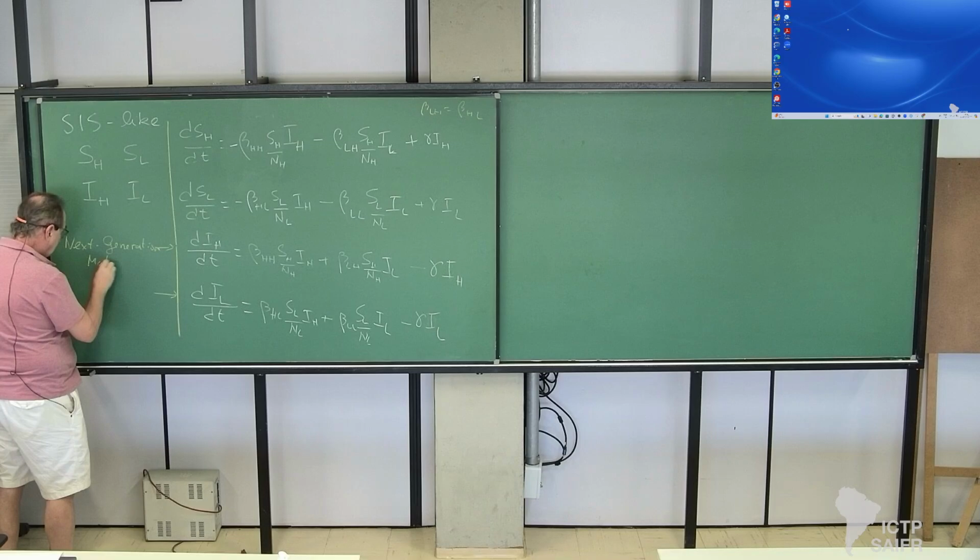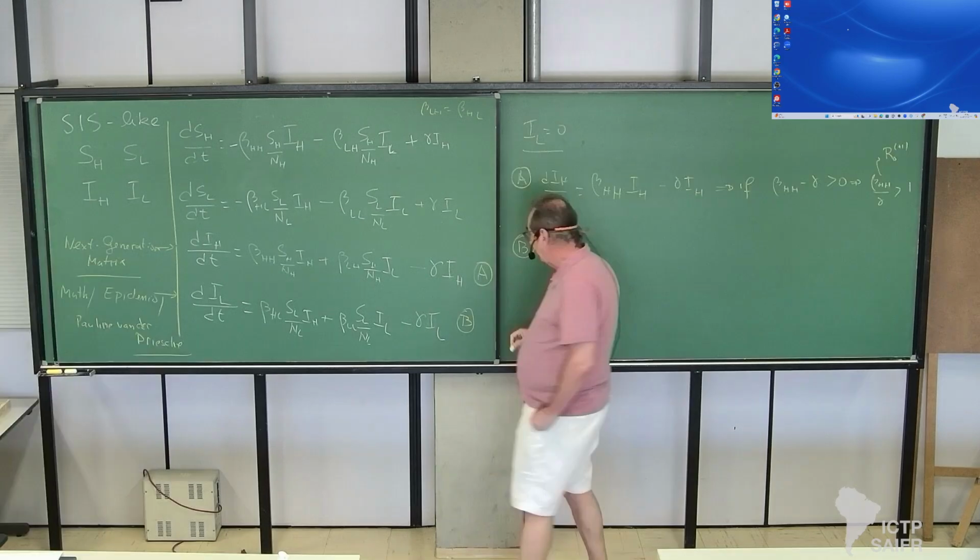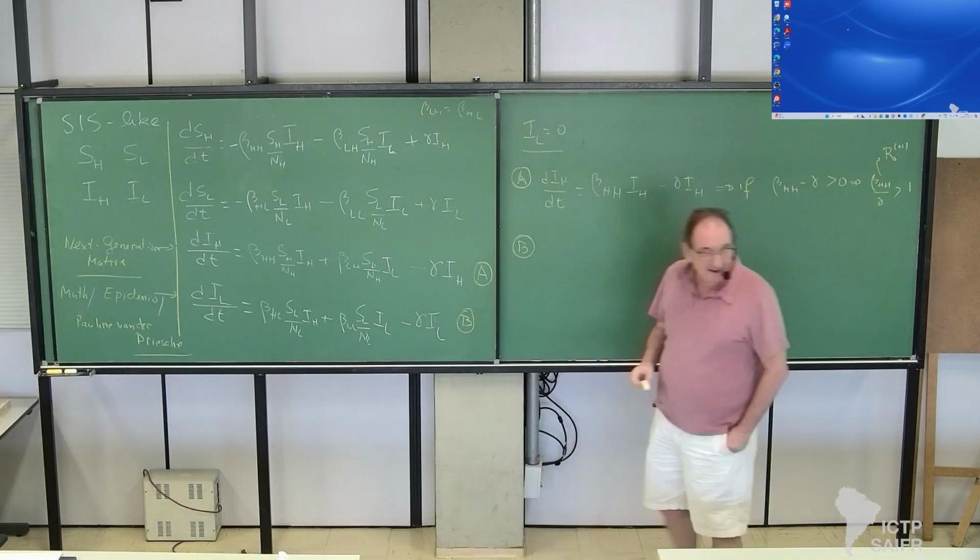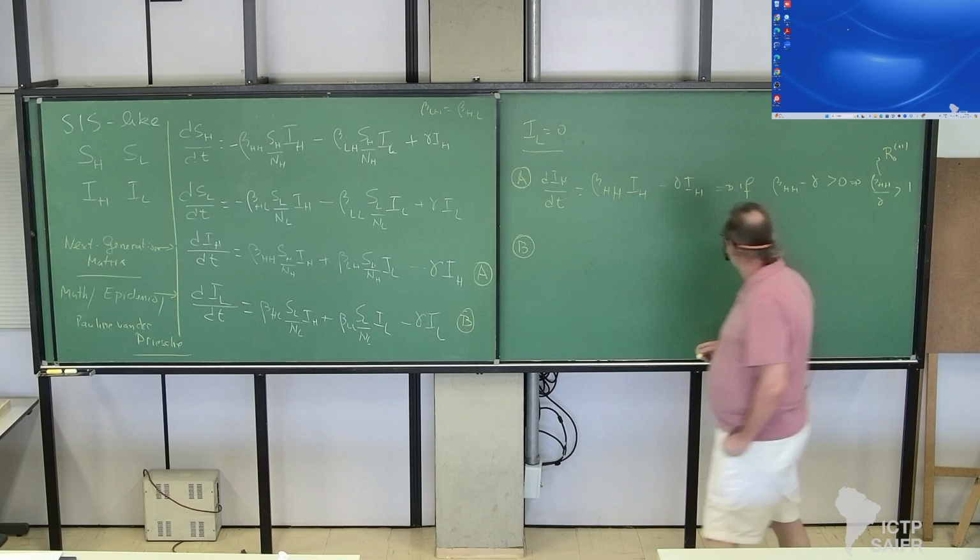And the same thing for the low equation. If everybody is low risk, then you would have something like beta LL over N over gamma bigger than 1, then you have an epidemic in the low risk population.